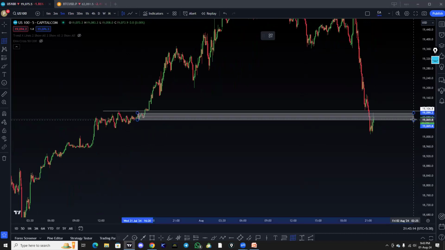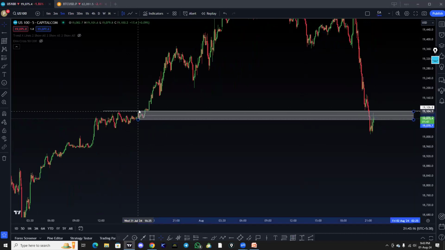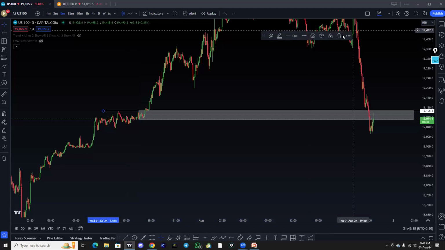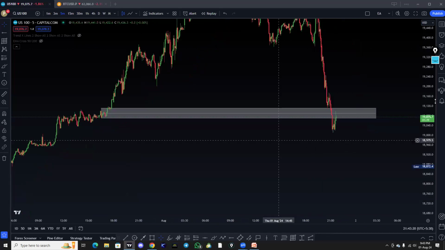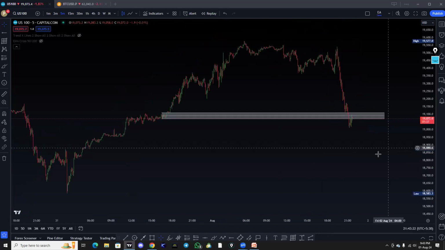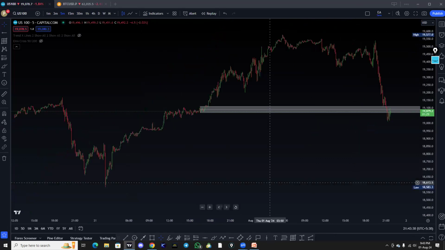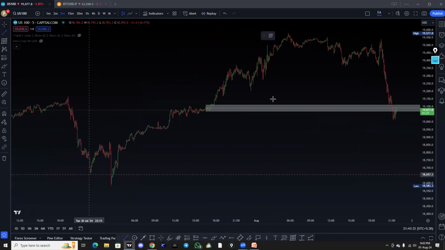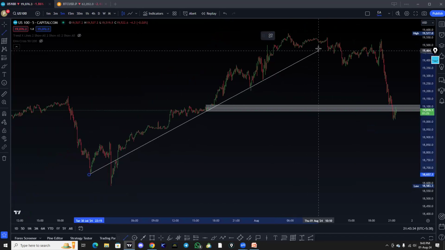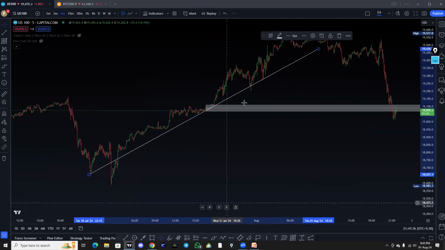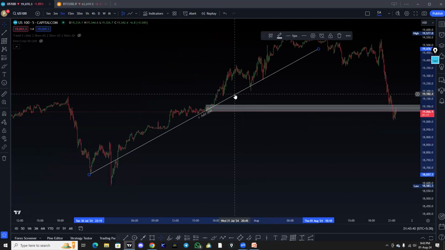Now this is the zone I'm looking for an entry. So it is very good to mark the zones, better than trend lines. Usually in the market, nobody is using trend lines. They only use trend lines when it comes to this. Correct. So better to use a Gann box like this box, which I'm using for support and resistance.